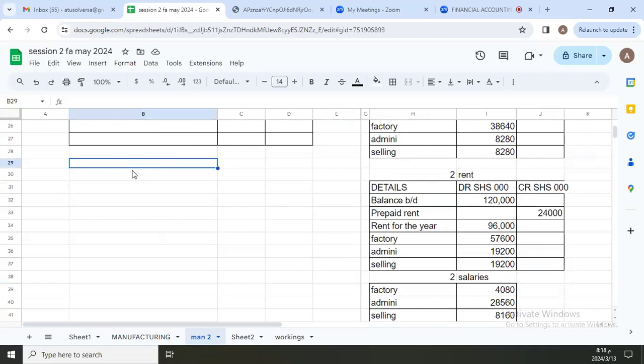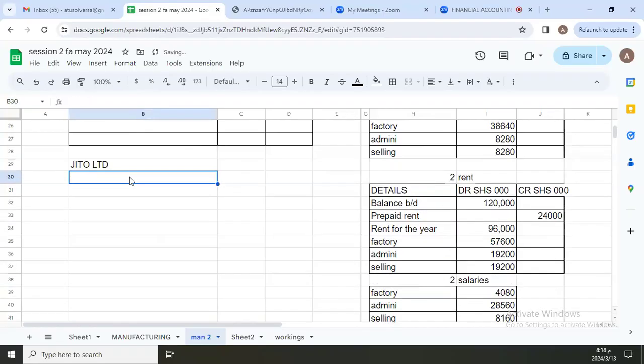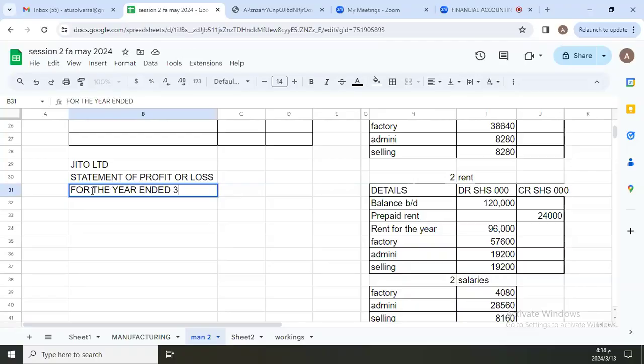I'm going to write Jito Limited, statement of profit or loss for the year ended 31st December 2018.